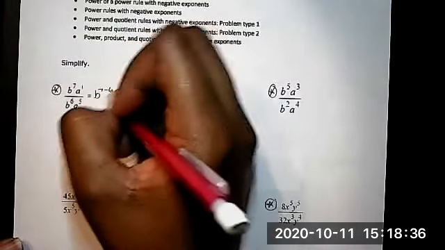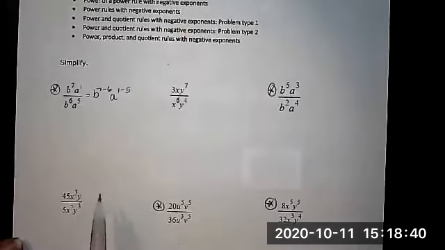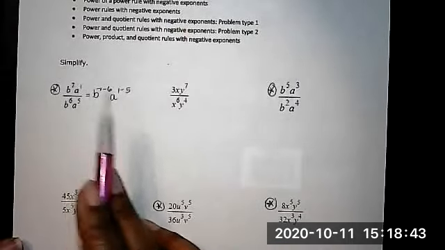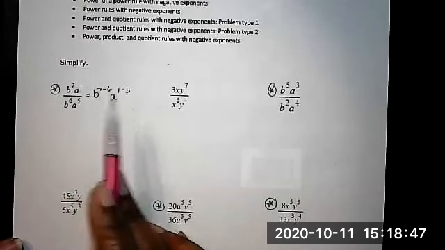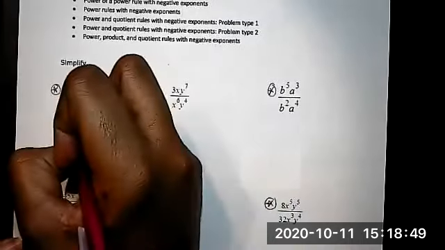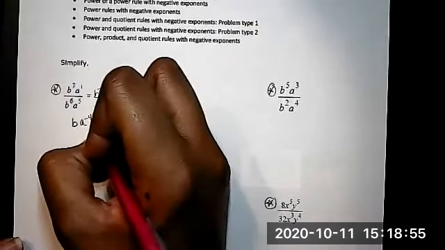And now here with the a's, you're actually having 1 minus 5, okay? So whatever's up top goes first, 7, and then minus 6, and then a to the 1 minus 5. 7 minus 6, of course, is 1, so we'll just put b. A to the 1 minus 5 is negative 4, okay?